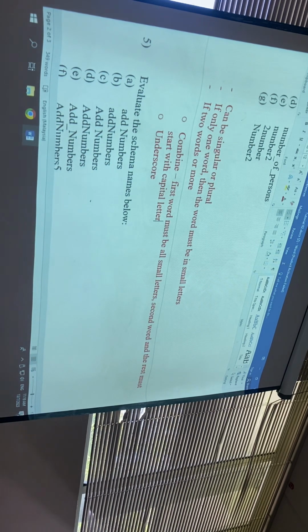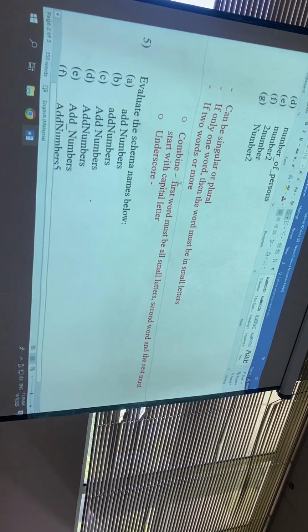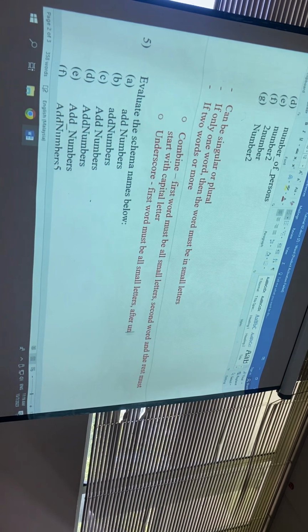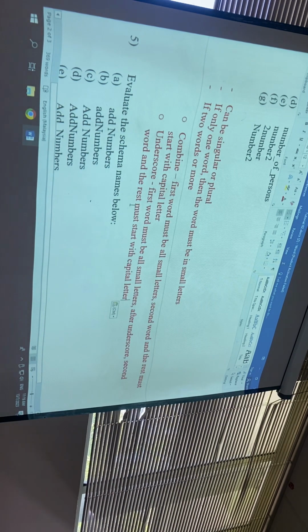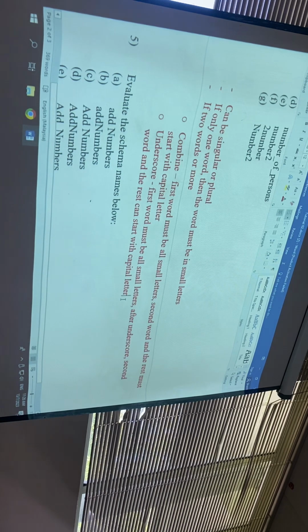If underscore, the first word must be all small letters. If you use underscore, after the underscore the second word and the rest can start with a capital letter or a small letter, it doesn't matter.